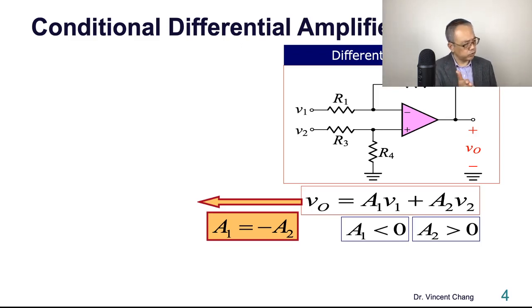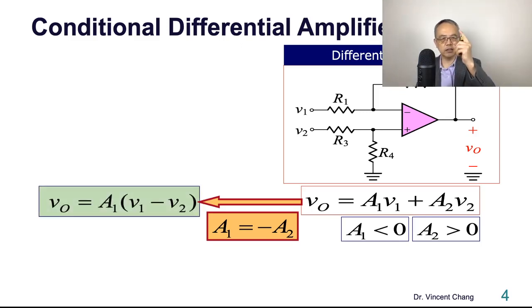If negative 2 for A1 and 2 for A2, it's also a differential amplifier. If the magnitudes of the two coefficients can be adjusted to be the same, then you can pull out the coefficient, and VO will be proportional to the difference of the two signals.